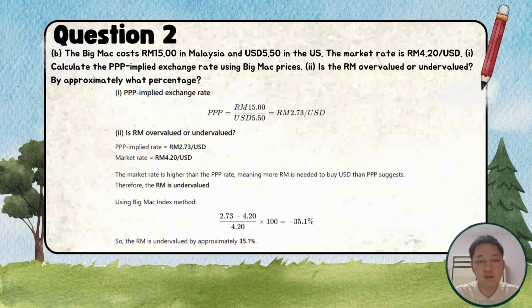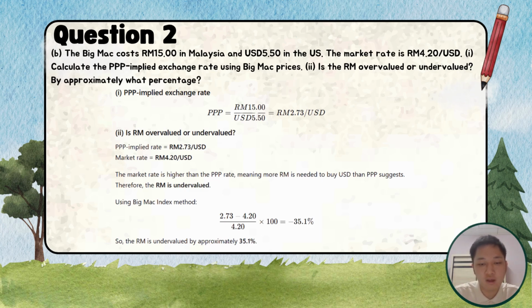Since the market rate is higher than the BPP implied rate, it means more ringgit is needed to buy $1 compared to what BPP suggests. Therefore, the ringgit is undervalued. To calculate the percentage undervaluation, I use the formula: BPP rate minus market rate, divided by market rate, multiplied by 100.